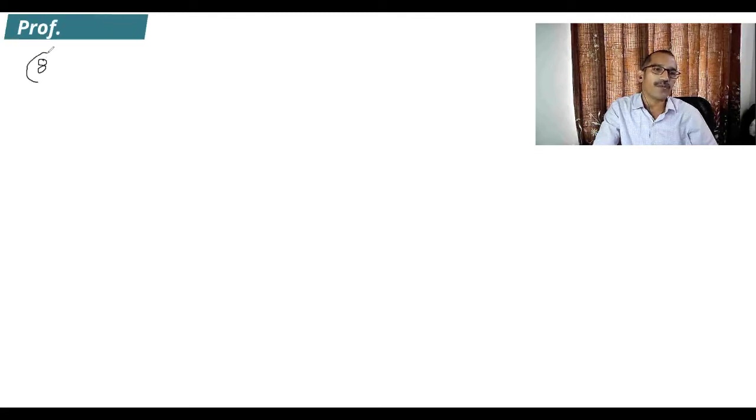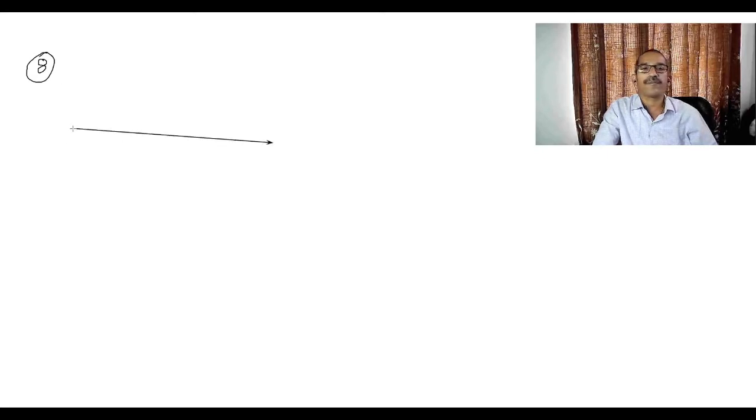Again, the important part is what? When we substitute our y or vy value, what is important is this. Suppose this one is my x-axis, and this one is the initial point O, and the particle is projected from this point in this direction.